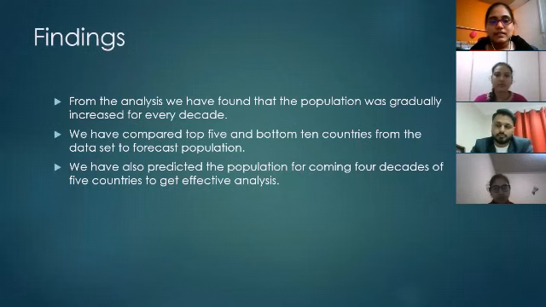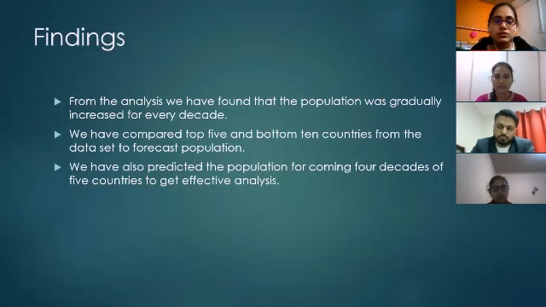From this analysis, we have found that the population gradually increased every decade. For this, we analyzed a report from 1915 to 2020, where the report shows the population gradually increased in each decade. We did an analysis of the top 5 countries which have the highest population and the bottom 10 countries which have the lowest population.